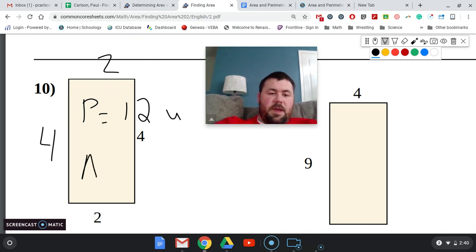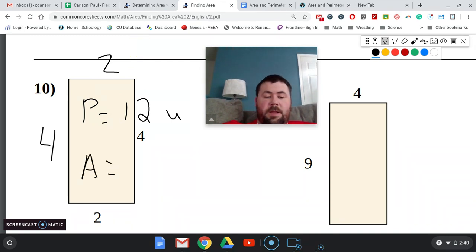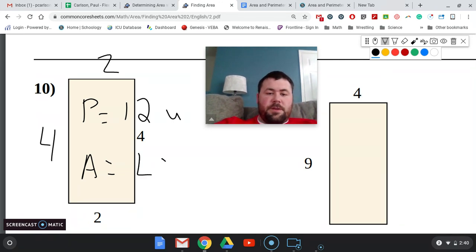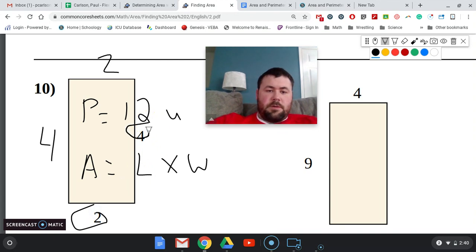Now I want to find the area. All right, think to yourself, what is the formula for area of a square or a rectangle? The formula for a square or rectangle is length times width. So in this case, it is 2 times 4.